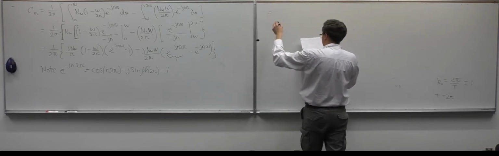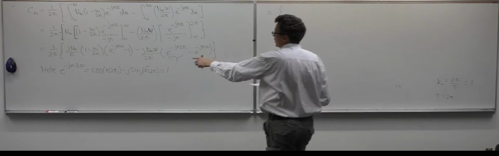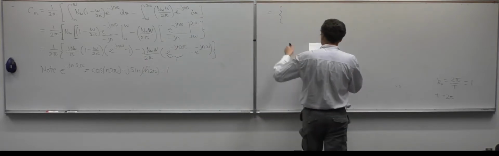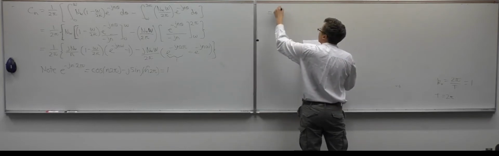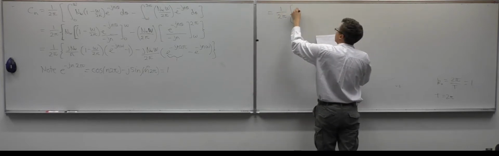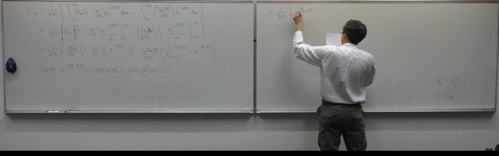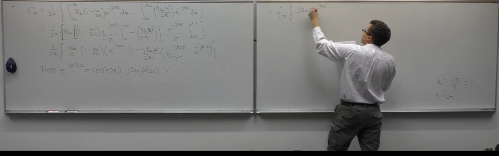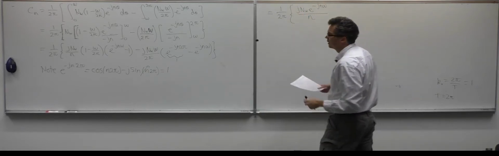So I'm continuing. I'm going to expand out these two terms. So we get 1 over 2 pi, j n sub w big W e to the minus j n w divided by n.